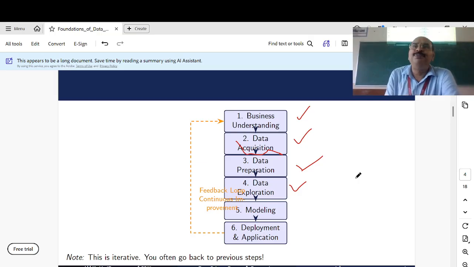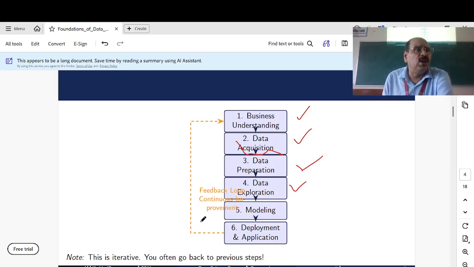Then what do we do? Then we create models. That's called modeling. And finally, we deploy that model so that our system gets automated.